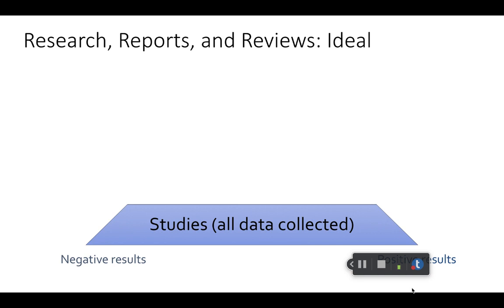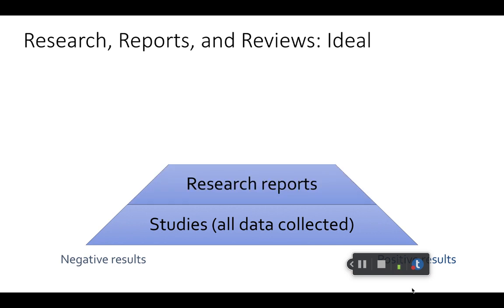And then researchers produce research reports, and at that point we're already summarizing some of the data collected. So, for example, research reports don't produce raw data, they produce averages and other statistics based on data summarizing what was found. Now here I'm thinking about the full technical reports of a study.